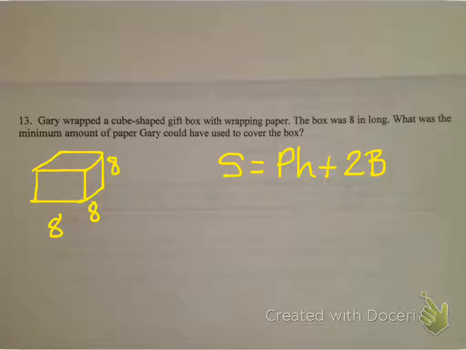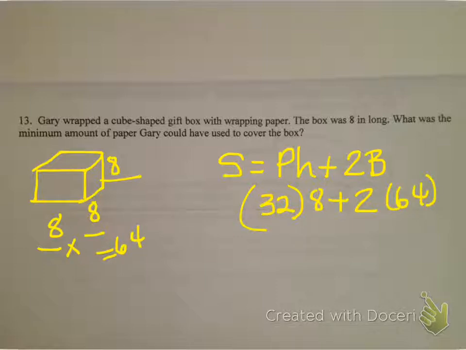Remember, bases of a cube have 4 sides, so 8 plus 8 plus 8 plus 8. So the perimeter of my base is 32. The height of my figure is 8, plus I have two bases. So I'm going to say that my base is 8 times 8, which is 64.